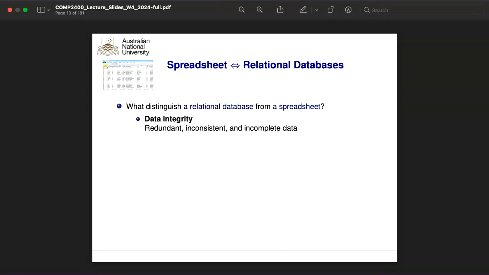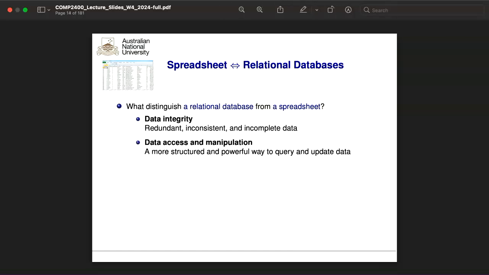Something we can think about is that in a relational database, we could have constraints. We use constraints to ensure data integrity, but it would be difficult to use a spreadsheet to enforce some complicated data integrity rules.